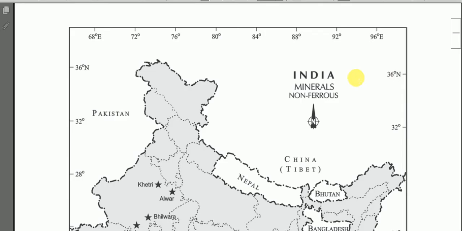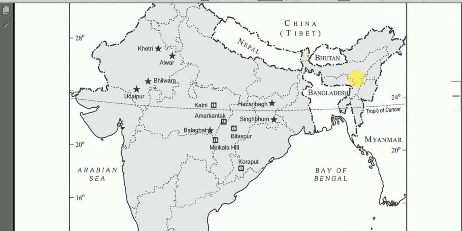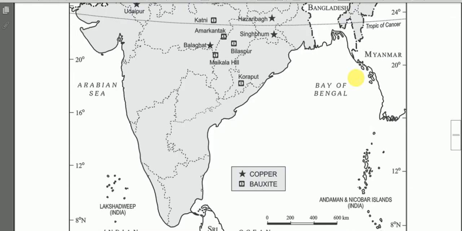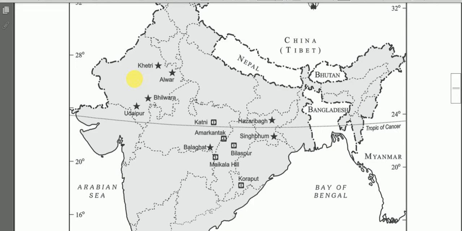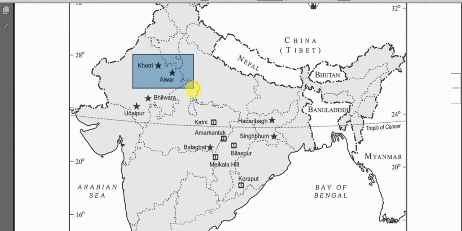I think all of you might have watched it. So here, distribution of copper and bauxite, and see here this area: Khetri copper mines, Alwar copper mines, Bhilwara, Udaipur. Okay, so here also Hazaribagh, then Singhbhum.